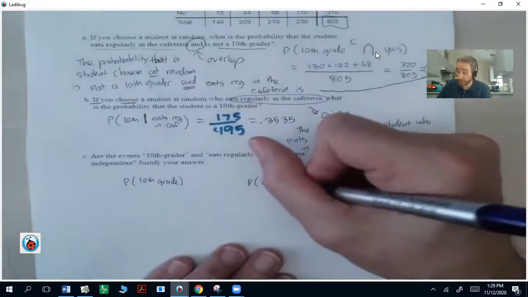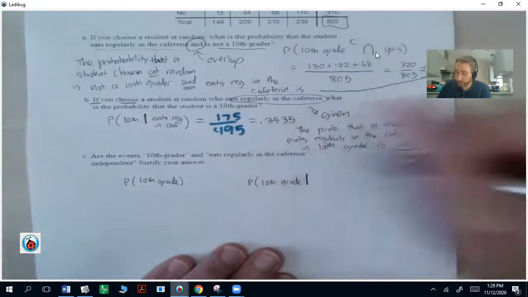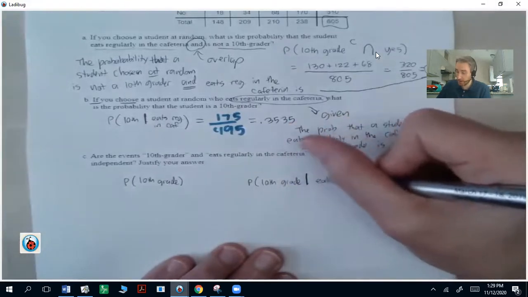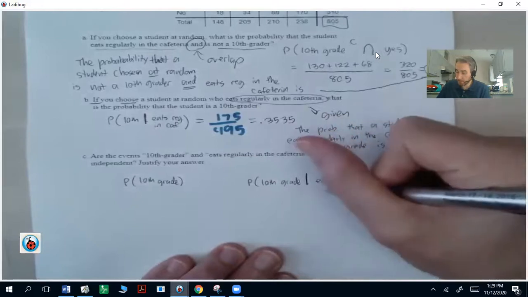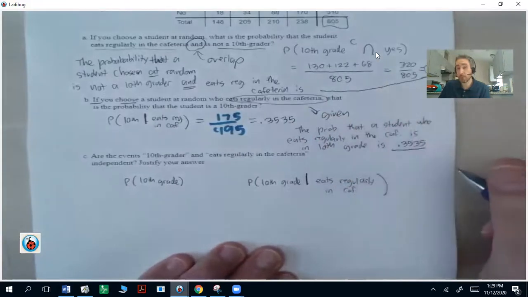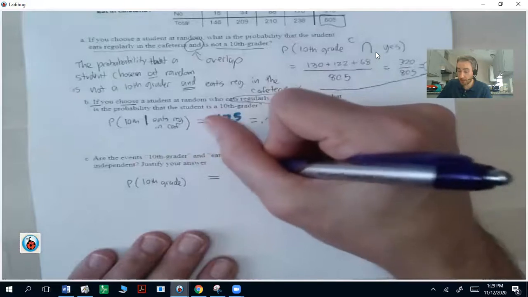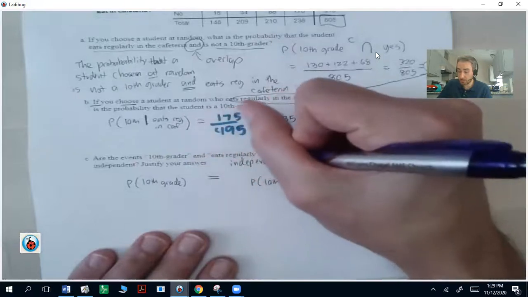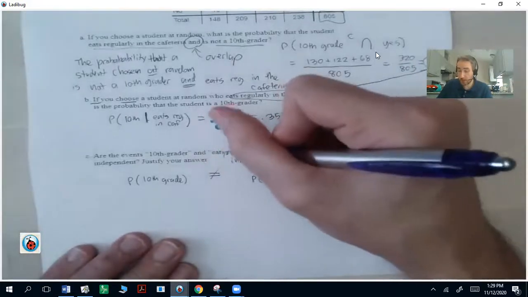So we find the probability of 10th grade given eats regularly. If those two are equal, then they're independent. If they're not equal, they're not independent.